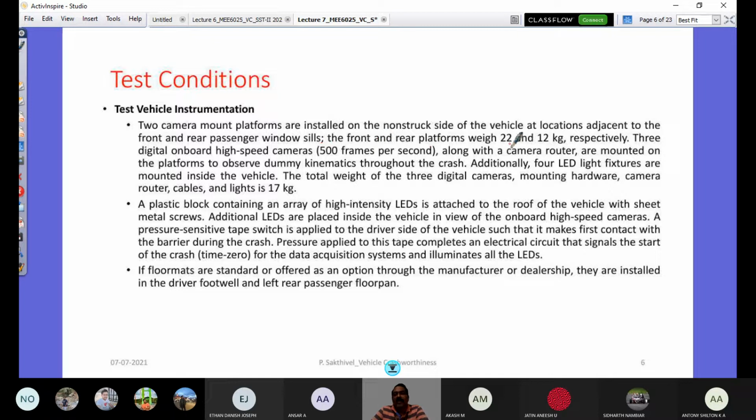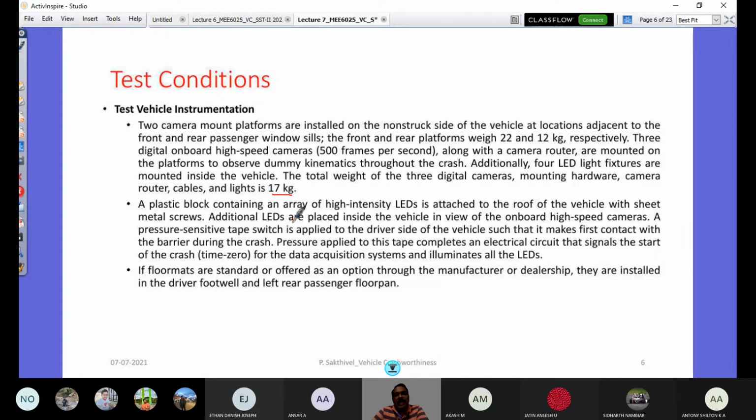The front and rear platforms weigh 20 and 12 kg respectively. Three digital onboard high-speed cameras along with the camera router are mounted on the platforms to observe dummy kinematics throughout the crash. Additionally, 4 LED light fixtures are mounted inside the vehicle. The total weight of the 3 digital cameras, mounting hardware, camera routers, cables and lights adds up to 17 kg.